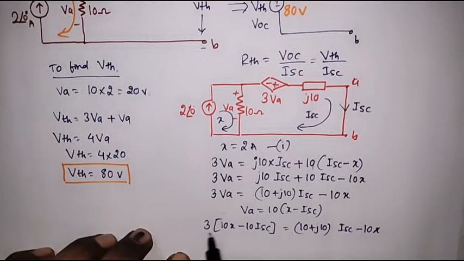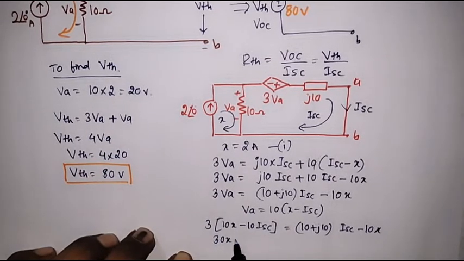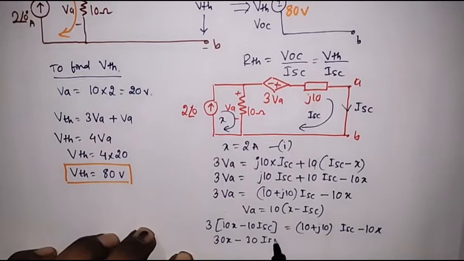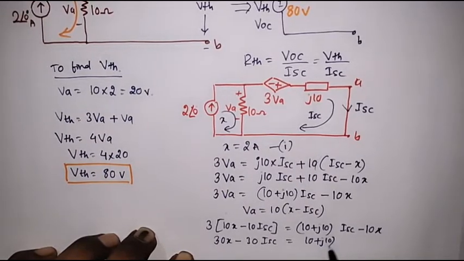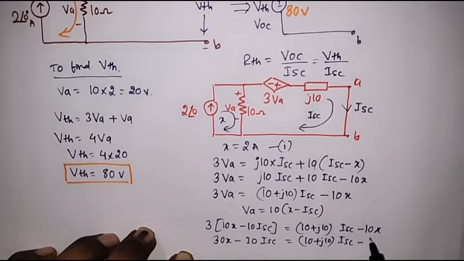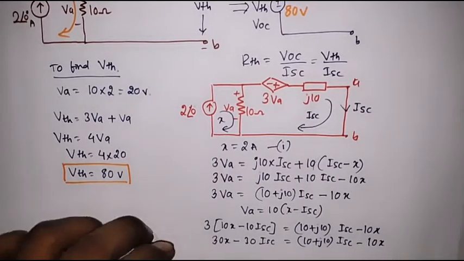I'll simplify this. This is 30X minus 30 ISC equal to 10 plus J10 ISC minus 10X.